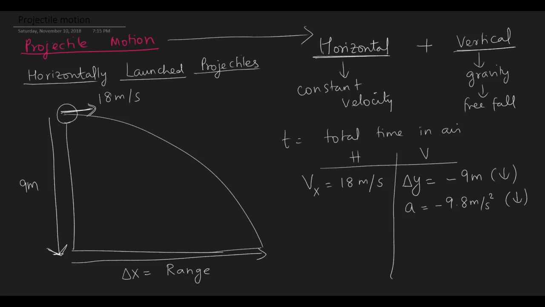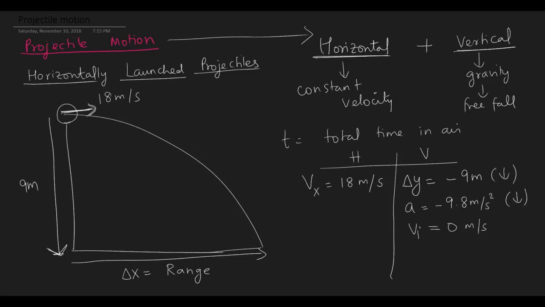We also know a third variable about the vertical motion. Because it was only shot horizontally, vertically it just dropped. That means the starting velocity in the vertical direction is 0 meters per second. And we know that if we have three variables, we can solve for any other variable that we want to solve for. So we can solve for the time.